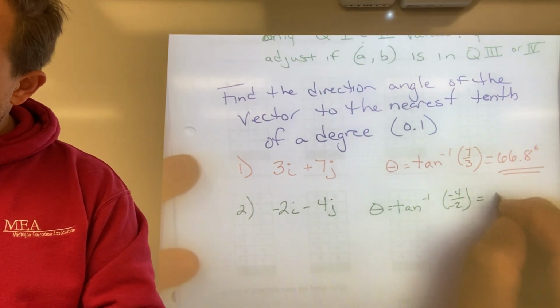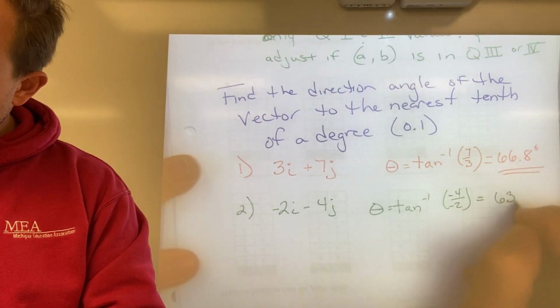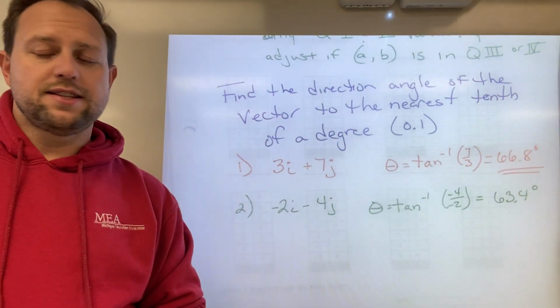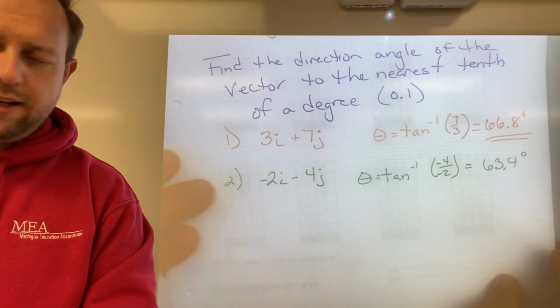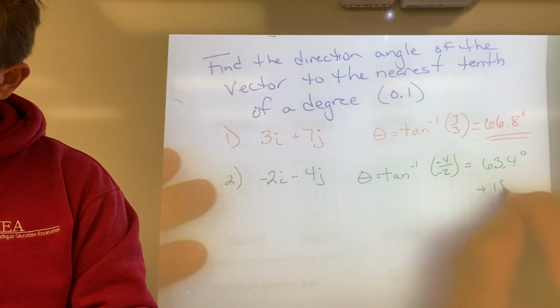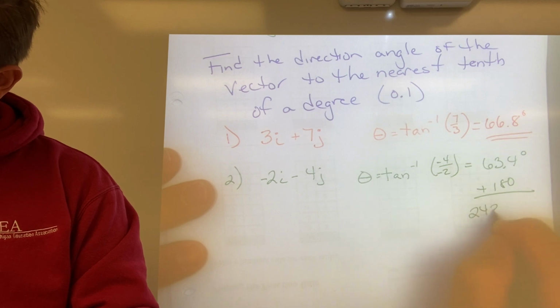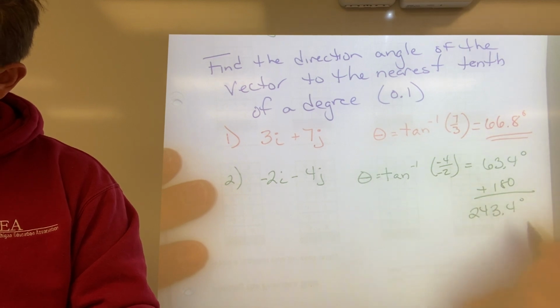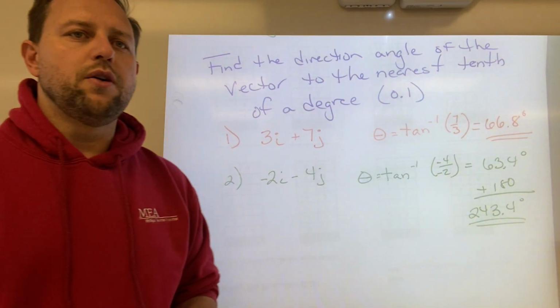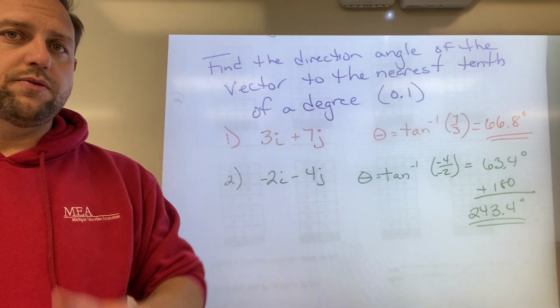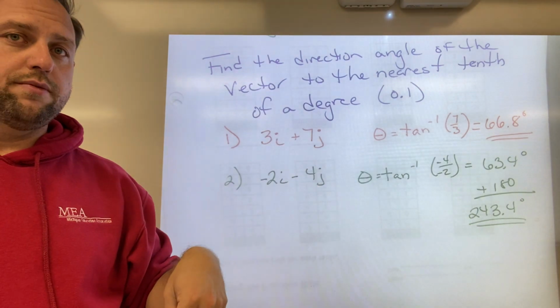And your calculator does that and gets 63.4 degrees. We know that's not right. What do we do to fix it? We add 180 degrees and we get 243.4 degrees, moving us down into the third quadrant. We got to bring ourselves half clock around.